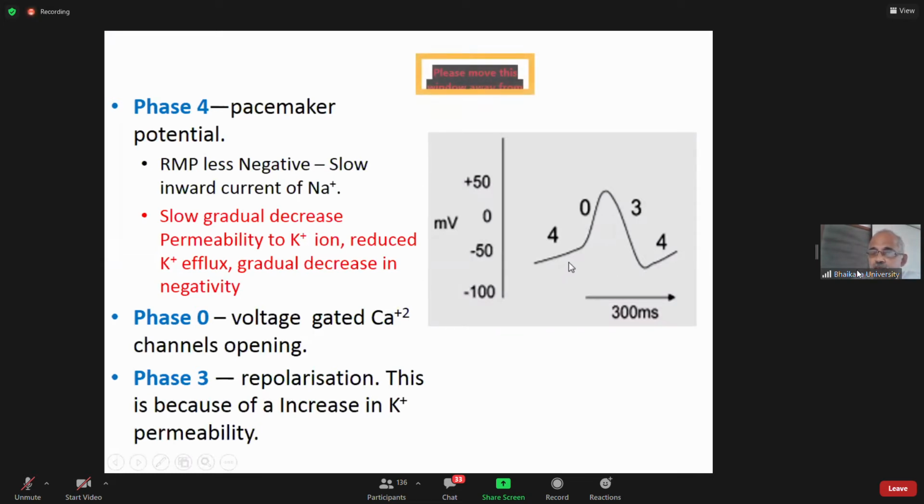Spontaneously, this permeability goes on decreasing, and the pacemaker potentials are generated. If you observe another thing, the RMP here is less negative compared to the muscle proper. And secondly, these are slow action potentials.